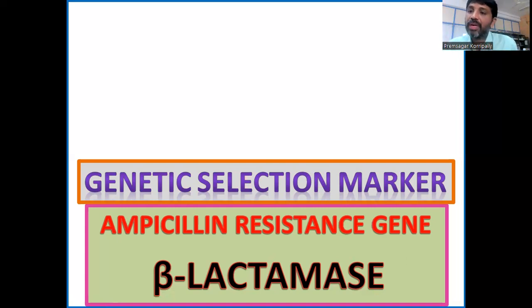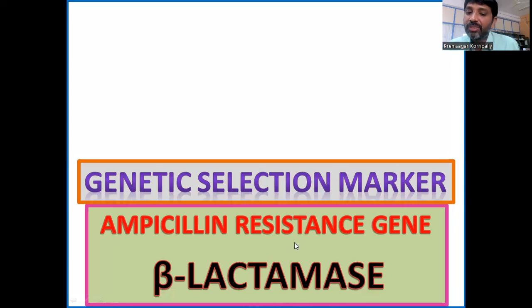Whenever you transform bacteria with a certain plasmid, the plasmid-containing bacteria will grow in the presence of antibiotic, whereas the non-transformed bacteria will die. That is the duty of the genetic selection marker, right?